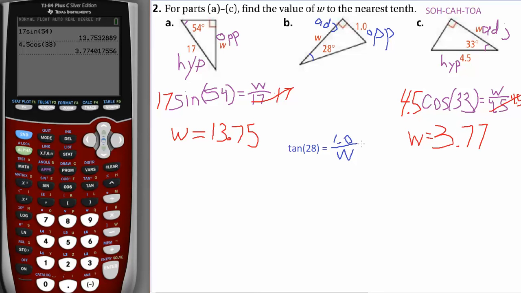So we need to multiply by the denominator. So after we get done multiplying by the denominator, W times the tangent 28 equals 1.0.